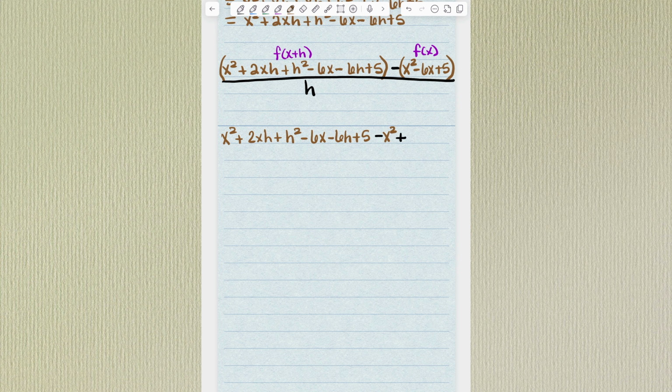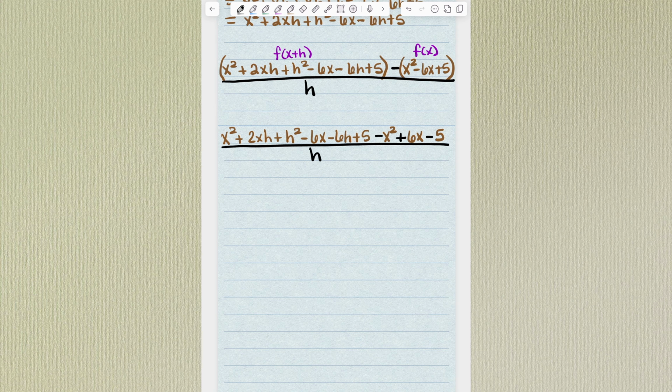Plus 6x minus 5. Y'all see that? I'm just showing you how I distributed the minus to every piece. See? Minus and a minus became plus, and then that became minus. So far, so good. At any point, you can leave a question.